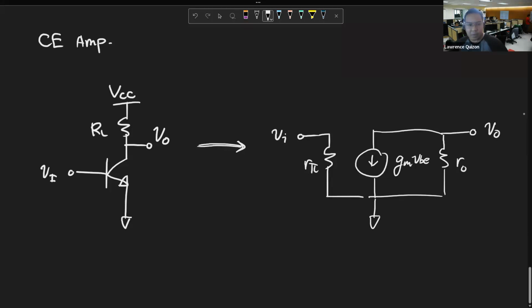So V out is connected to the collector, which is here. So I connect V out there. Emitter is grounded, so I ground it here, no? Tapos, meron tayong RL connected up here, and we have VCC, which turns into ground, as we said before.